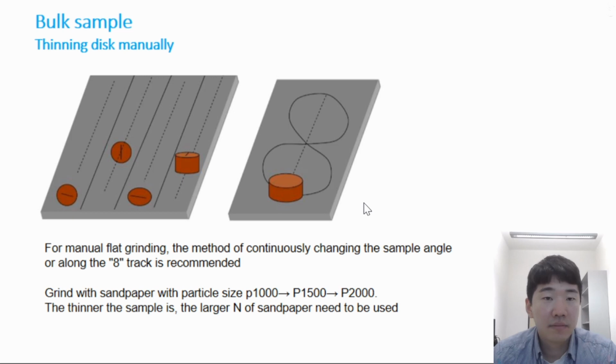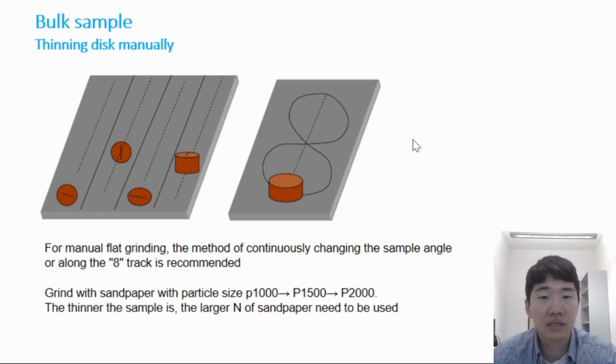After making the disc, we go for the pre-thinning process. The aim of this process is to thin down the center of the disc with higher efficiency while minimizing damage to the surface of the sample. You can also thin down your sample manually, obviously, but it is not so easy to get a flat and good sample.